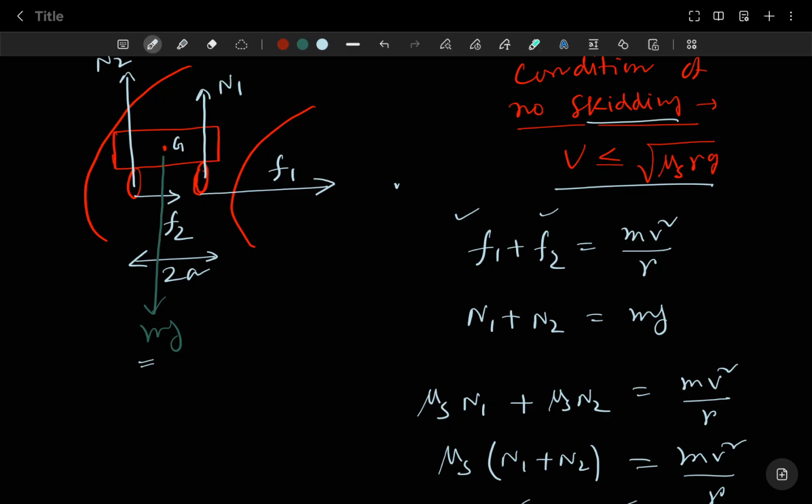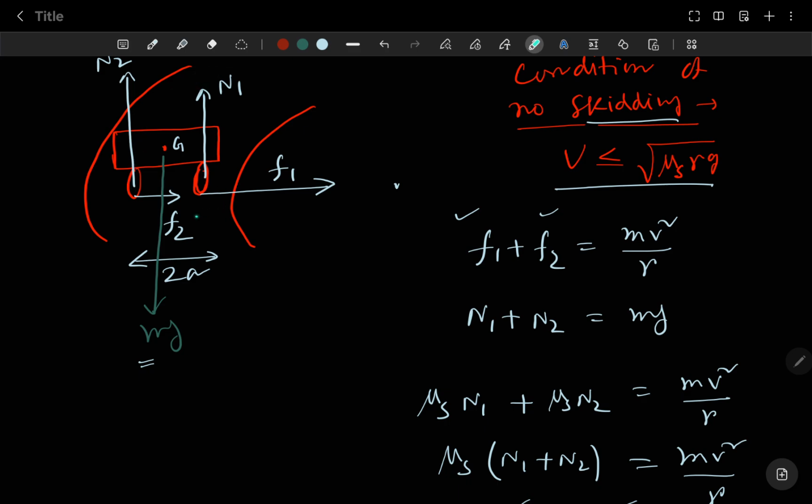See, F1 will have an anti-clockwise torque about this point G. So is F2, anti-clockwise torque about the center of mass. N1 will have anti-clockwise torque about center of mass. Only N2 will have a clockwise torque about center of mass.